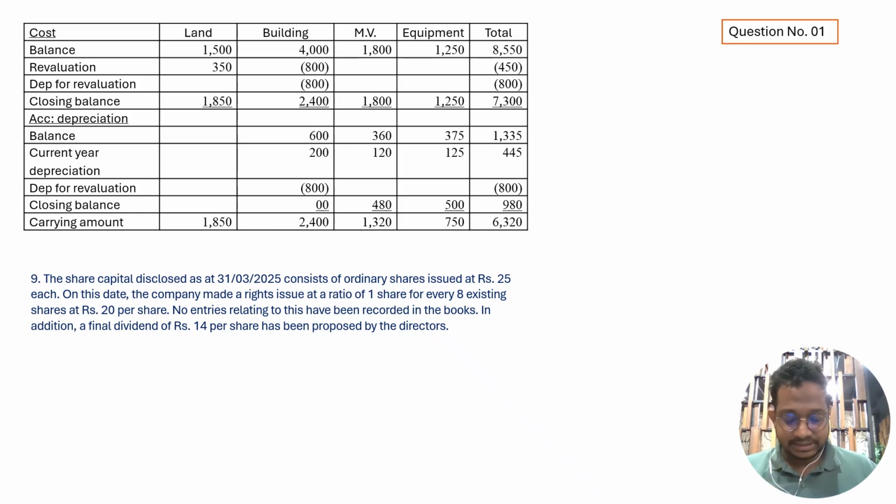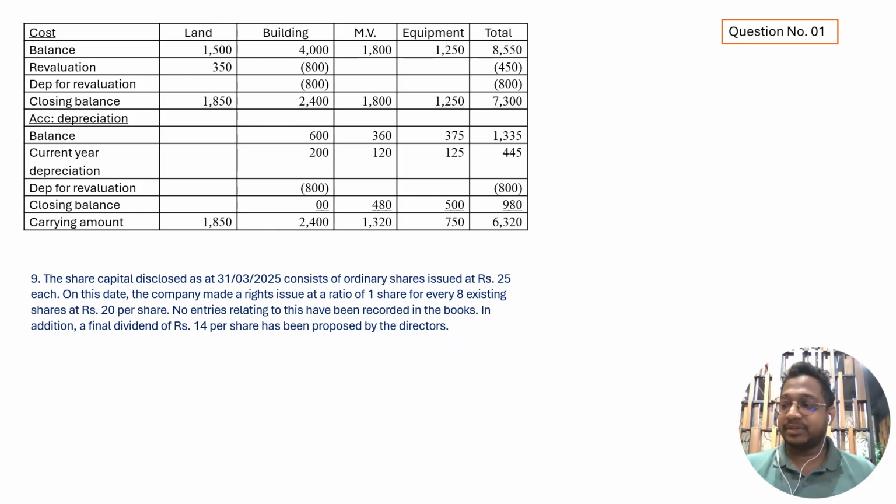On that date, a resource capitalization happens, which means you issued shares using your retained earnings at the ratio of 1 for every 8 shares. So on that date, there were 320,000 shares, and that 320,000 you have to divide by 8.